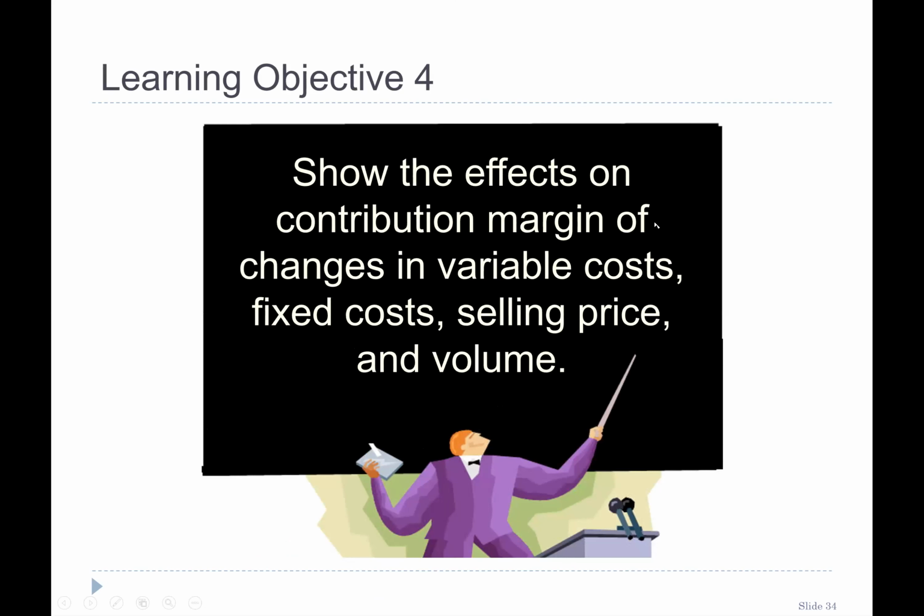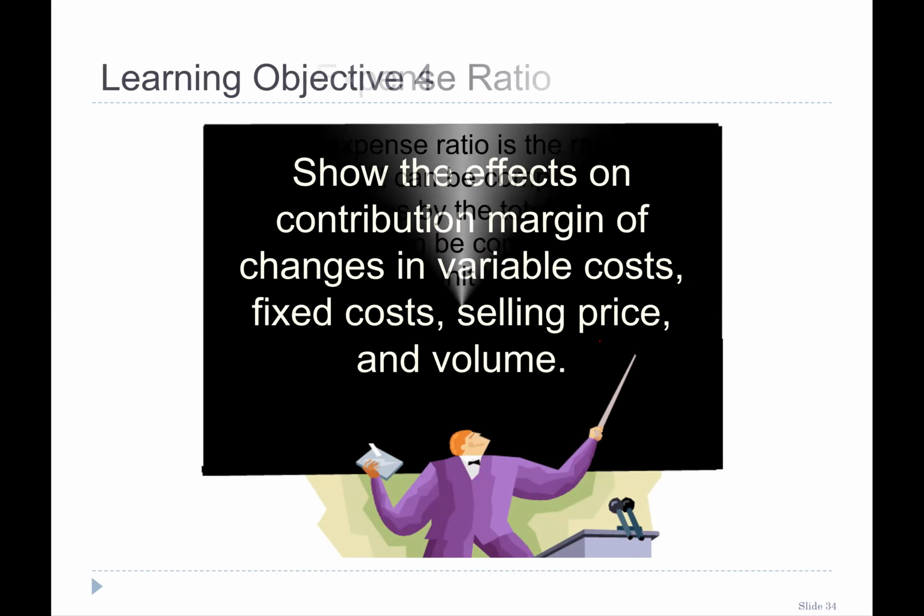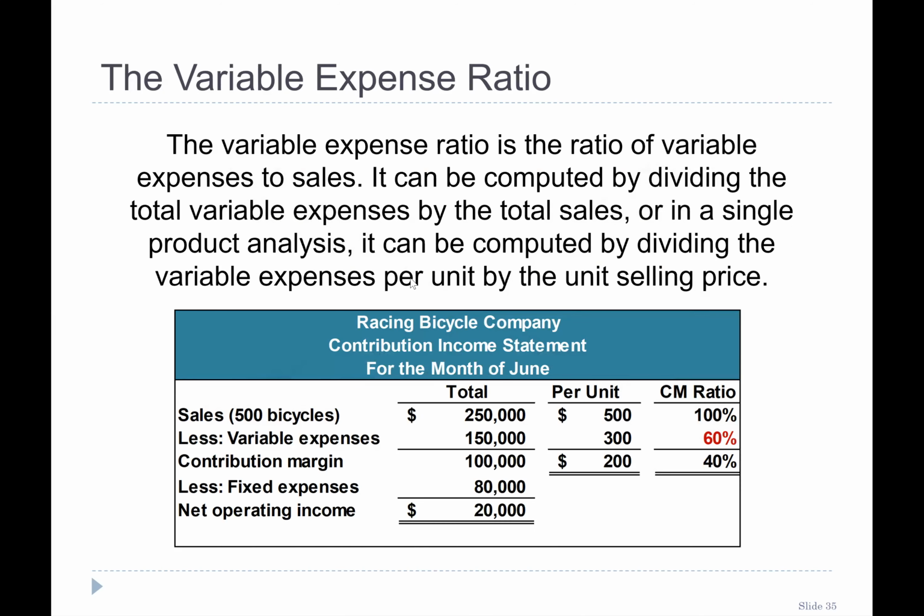Okay, let's move. Our fourth learning objective is to show the effects on contribution margin of changes in variable cost, fixed cost, selling price, and volume. Let's talk about this. So here it gets a little bit more advanced and interesting as well. So how we calculated the variable expense ratio? Variable cost divided by sales is the variable expense ratio.